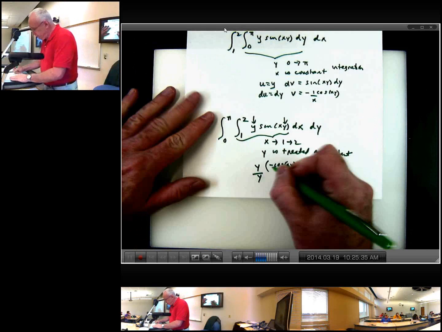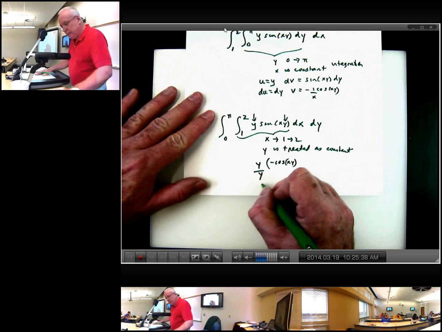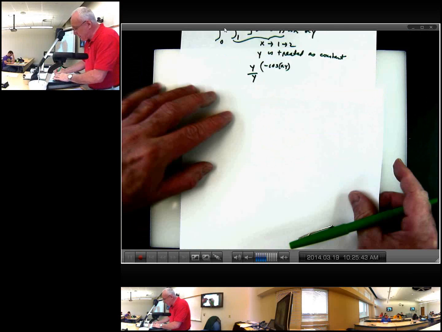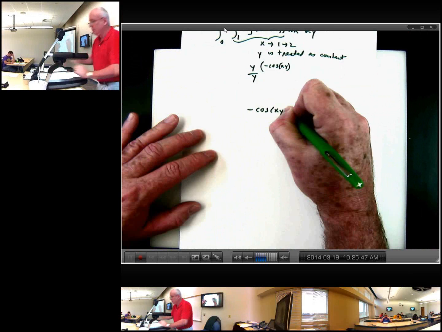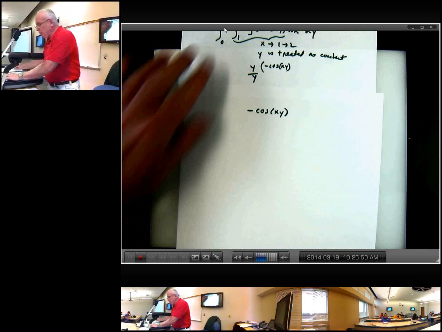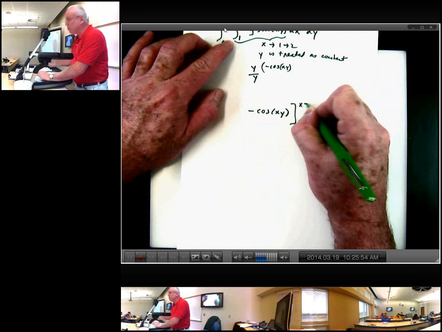Very good. So our antiderivative here on the inside, let's go to another sheet here then. This is going to be minus cosine of xy. Right? And now we're evaluating that, x going from 1 to x going to 2.